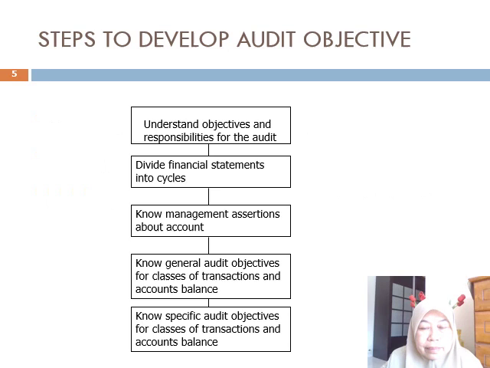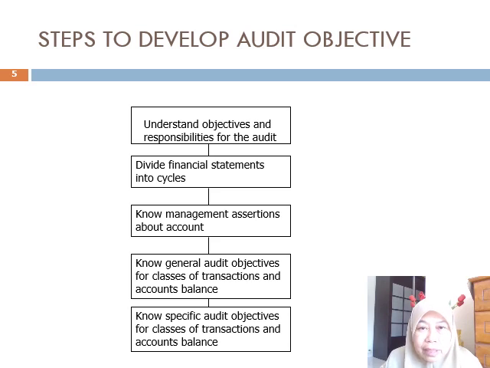There are steps for the auditor to develop the audit objective. First, the auditor has to understand the objective of an audit, and then divide the client's financial statements into four cycles. First, the sales and accounts receivable cycle. Second, the purchase and accounts payable cycle.